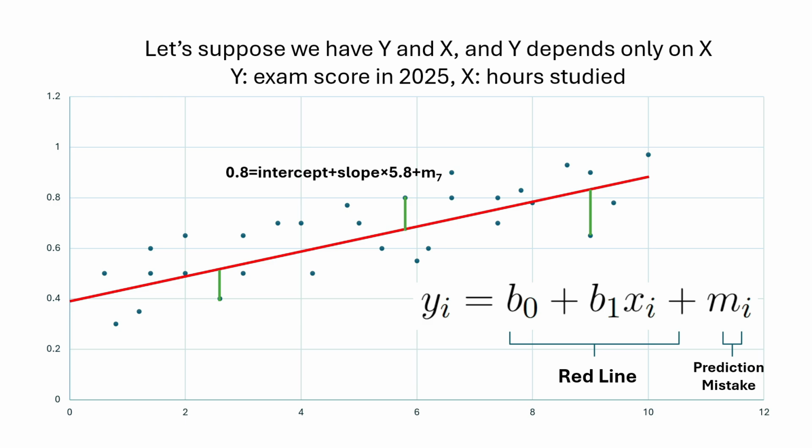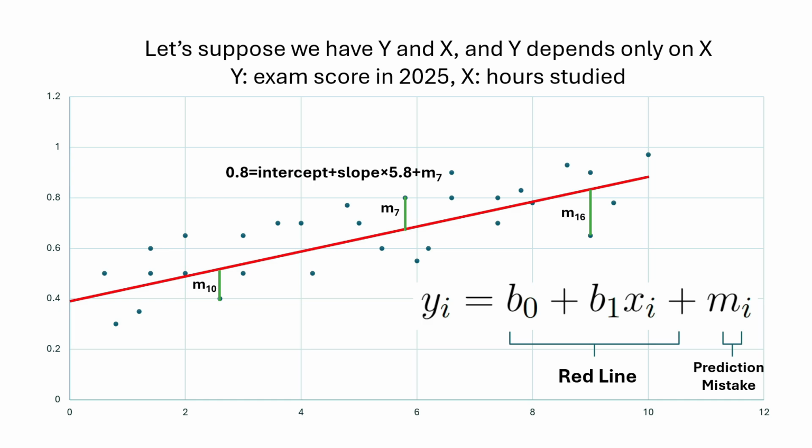Now, coming back to student number 7, the M7 or the prediction mistake represents the vertical distance of this line. And it's going to be positive for this student because the score is above the red line. For another student, student number 10, the prediction mistake is negative because the score is below the red line. For student number 16 in our data, prediction mistake is also going to be some negative number.